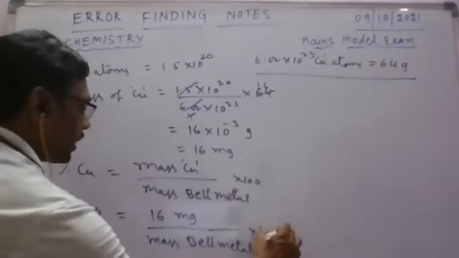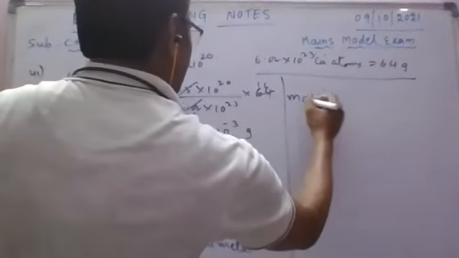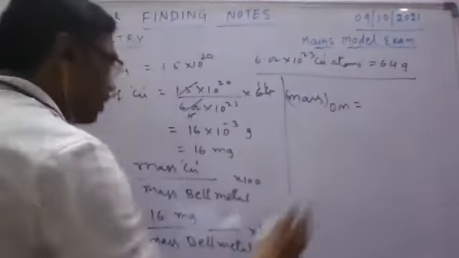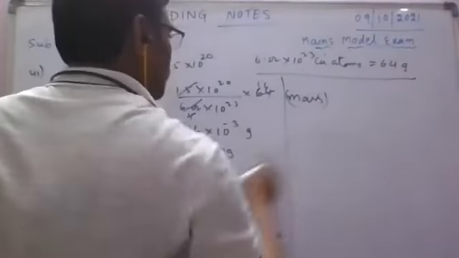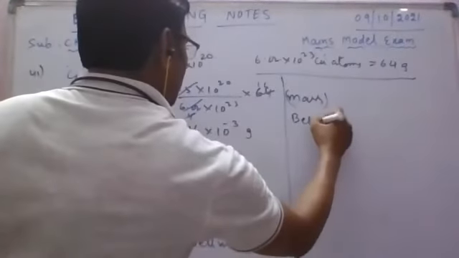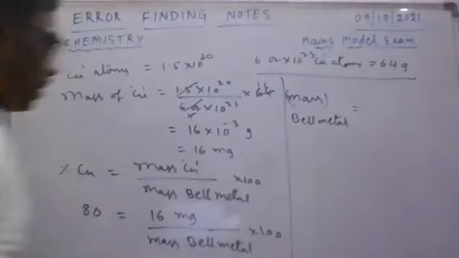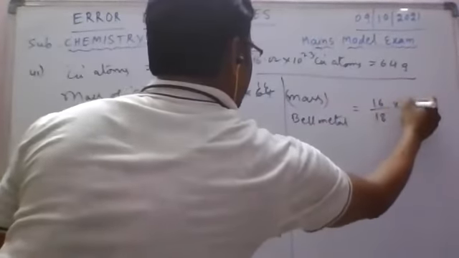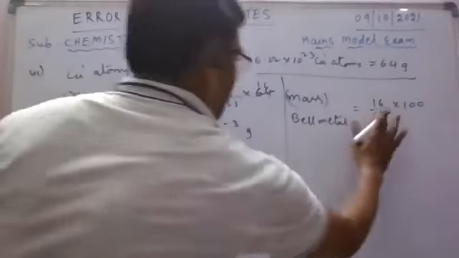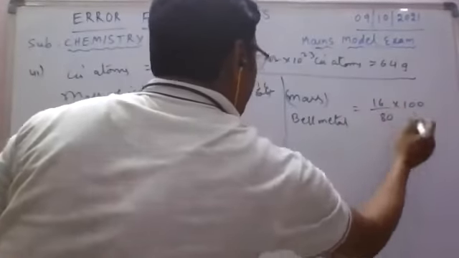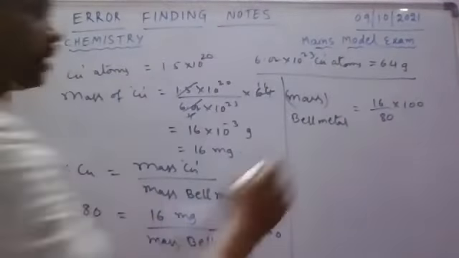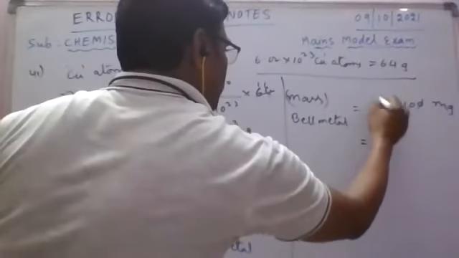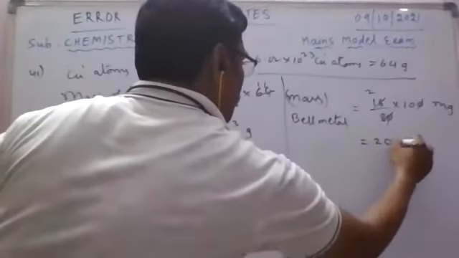So the mass of bell metal is 16 by 80 into 100, in milligrams. The zeros cancel, and 16 by 8 is 2, so 2 into 10, that is 20 milligrams.